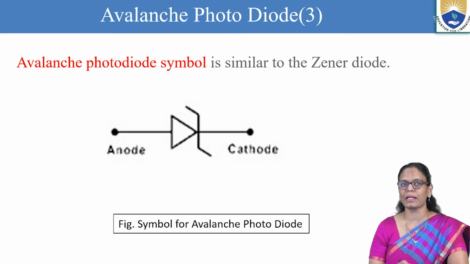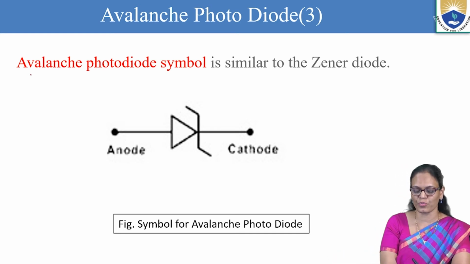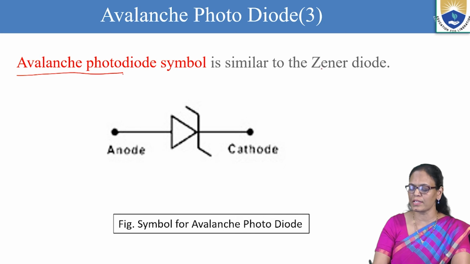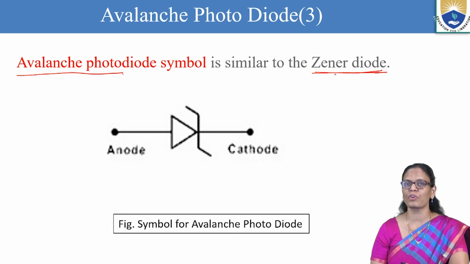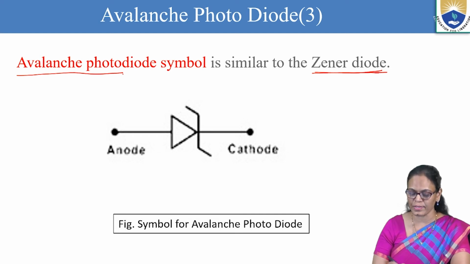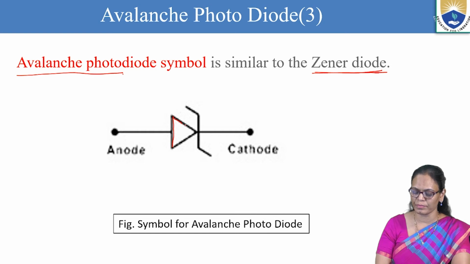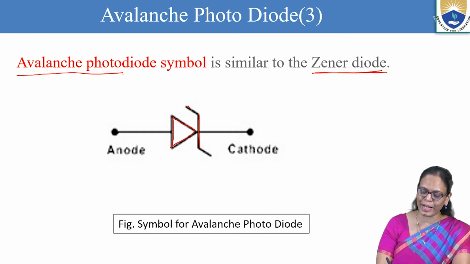Now coming to the symbol we are going to use for the avalanche photodiode. It is similar to the Zener diode. We have already discussed the Zener diode and its symbol. The symbol for this avalanche photodiode is a triangle and a vertical line which is bent at both the ends.